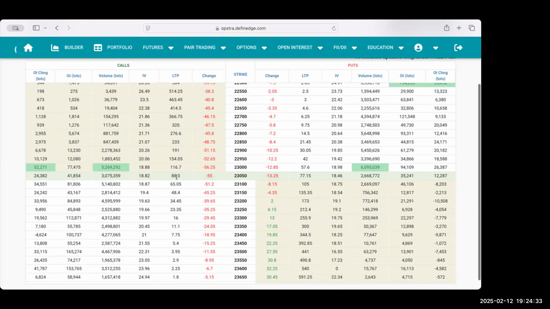So your risk is only 6,000 rupees. If that becomes 0, you lost the 6,000 rupees. If you are selling this 88 rupees, you already paid upfront 1,90,000, whatever the number. You already paid the upfront price.